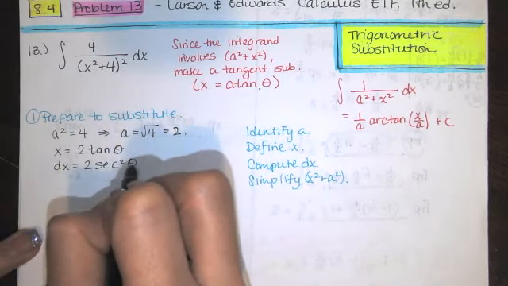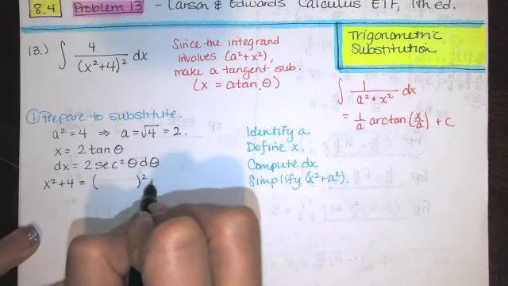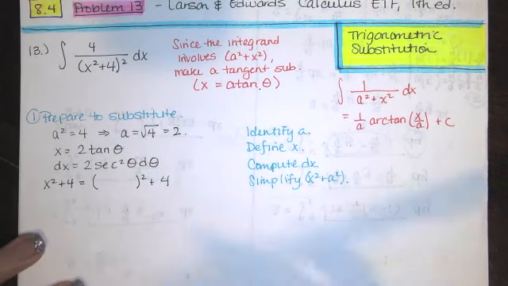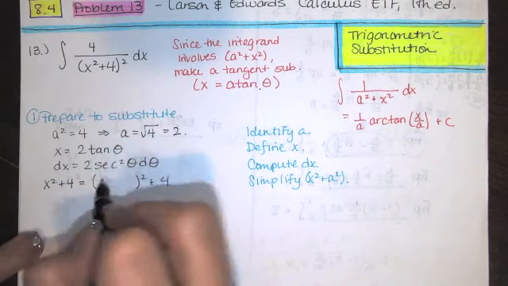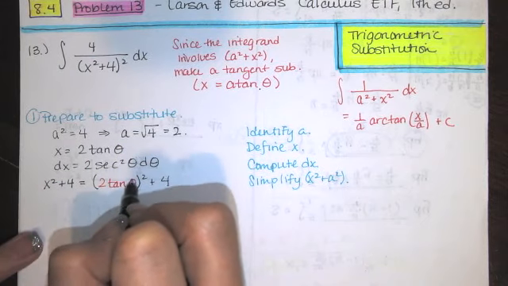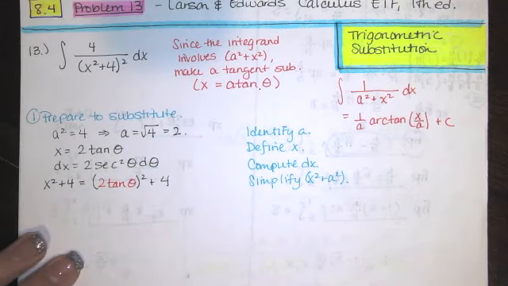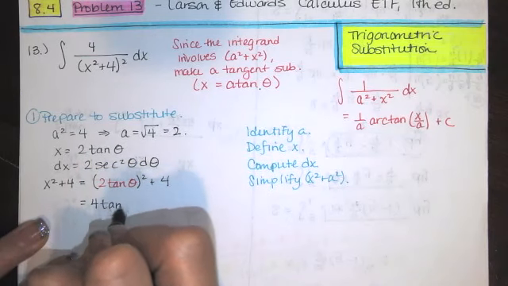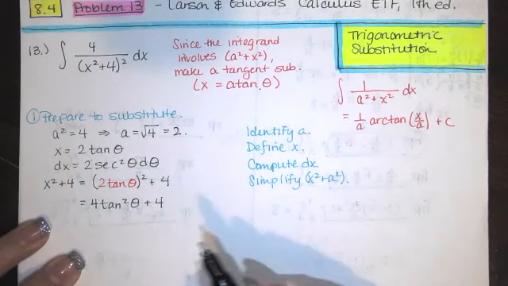And then we will simplify that x squared plus 4. Now x was 2 tan theta, so I'm going to replace this x with the 2 tan theta that I just defined for my x. Now I've got a product and I'm squaring it, so I square the 2 and I square the tangent. So I have 4 times tangent squared theta there, plus 4.